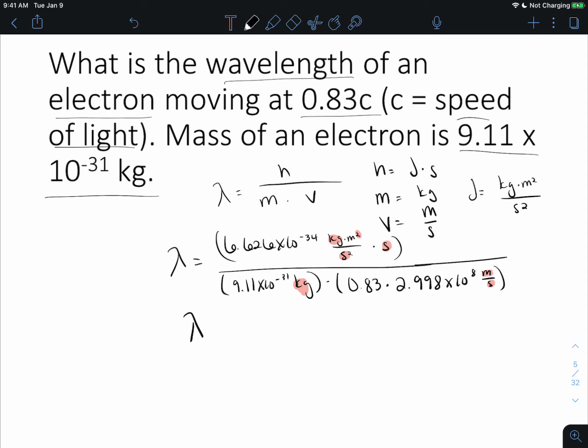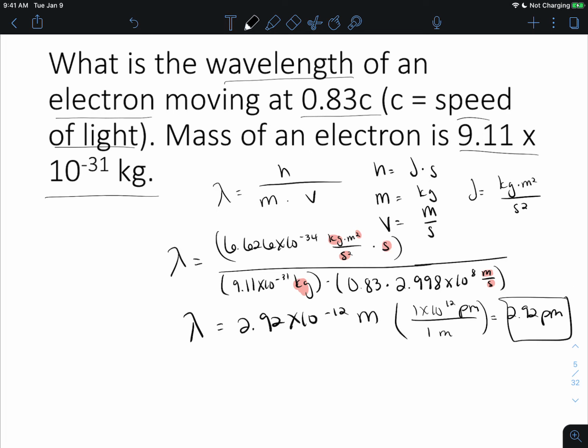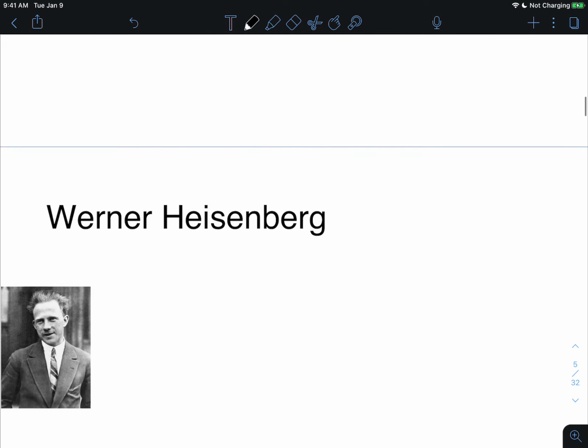Okay, and then when we solve for this, we get a wavelength equal to 2.92 times 10 to the negative 12 meters. Generally, we are going to look at this in picometers if we're talking about an electron. So converting this into picometers, we have 1 times 10 to the 12 picometers per 1 meter, and this gives us 2.92 picometers.